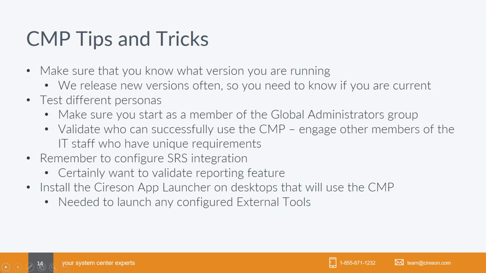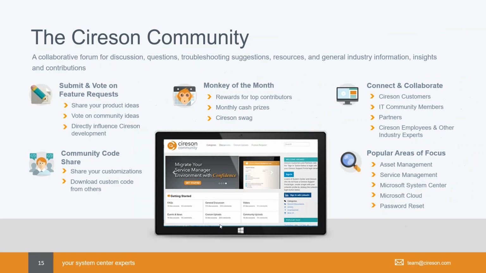Okay, so that's a few things, and we're almost at the top of the hour, so I wanted to leave plenty of time for Q&A, and I guess I didn't really do so. Another thing that's available to you in your work with the Cireson portal is the Cireson Community. We do have a community site that's available to you, so you can go ahead and register for it.